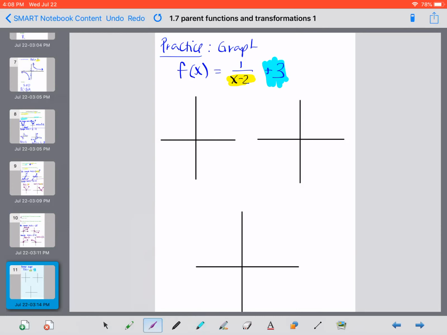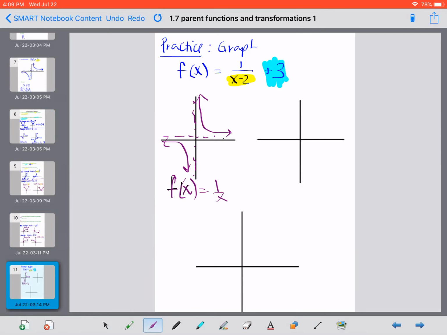But our parent function is just plain 1 over x. And we've seen that that looks like this, with our horizontal asymptote and our vertical asymptote.